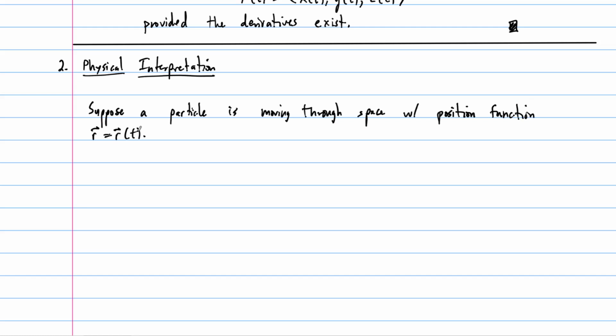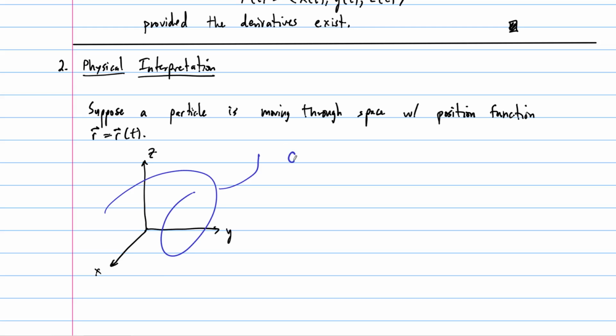So this means that at any time t, the vector function points out where the particle is, right? And so we'll just draw a very similar sketch to what we had in the previous one. Here's our x, our y, our z. I'm going to draw the curve first. All right, so this is a space curve given by the graph r of t.